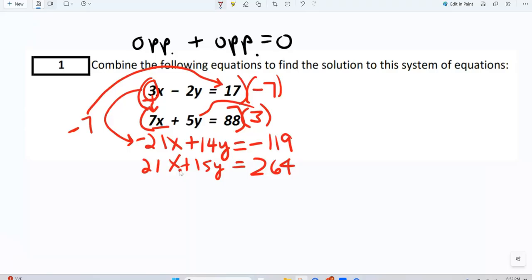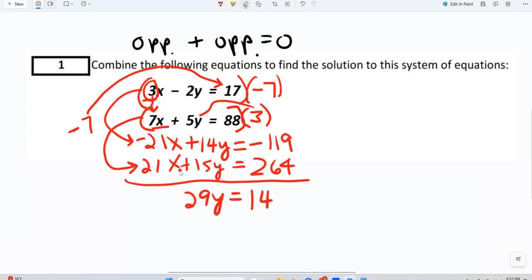So this equation is turned into this equation. Now I'm going to combine these two new equations. The x's cancel out, and we have 0x. We don't need to write that, remember.